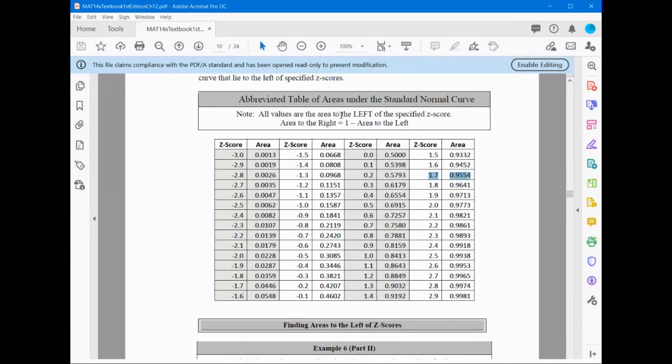Again, this is the area to the left of that z-score. This is the percentage of data values. We convert to the z-score, we get the area, and then we multiply by 100 to convert it to a percent.